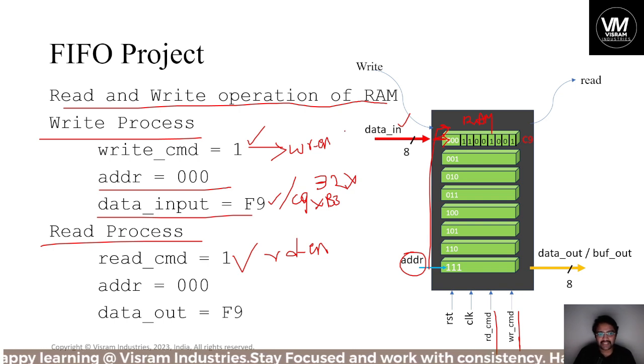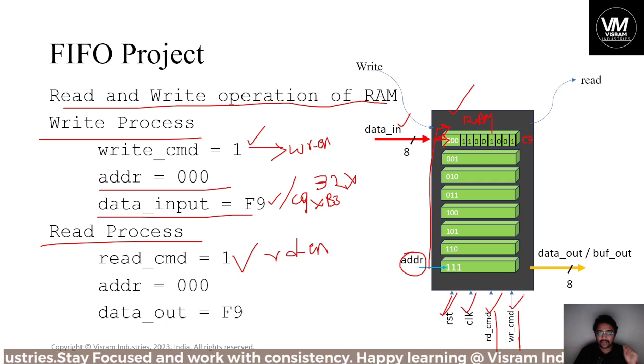What you need to understand is that for every memory you have a reset, a clock, a read signal and a write signal, to say write onto the memory, now memory is enabled, read from the memory, now memory is enabled, plus data out and data in. These are the signals. And also we have to consider the address.